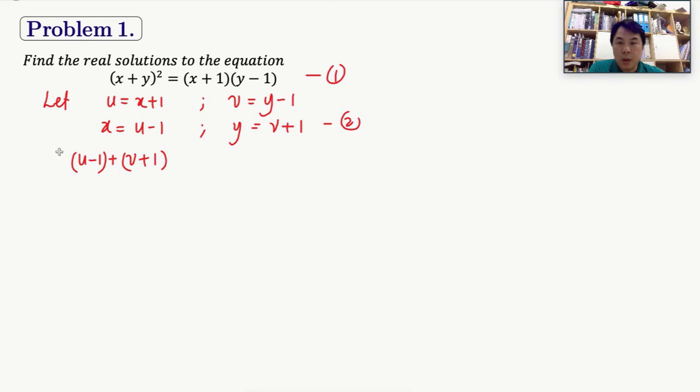There's an x, there's a y here on the left hand side, which is the same as u multiplied with v here. And then you notice that this is actually uv, right? As usual, you can expand this, but expansion in this form is much easier than the one that I showed you just now.